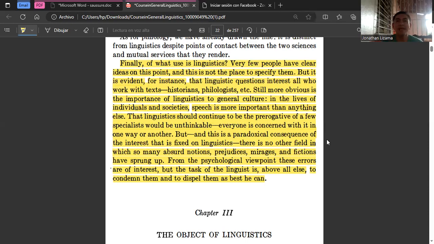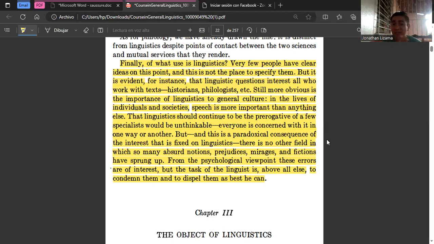Pero escribe mal, escribe sin H, escribe sin tildes, habla mal. De repente pueden escucharle decir salite para afuera y términos así, ¿verdad? Pero ella es buena en su área. ¿Qué significa lo que dice Saussure aquí? Very few people have clear ideas on this point. Que son muy buenos en su área, pero no le toman mucha importancia al lenguaje.